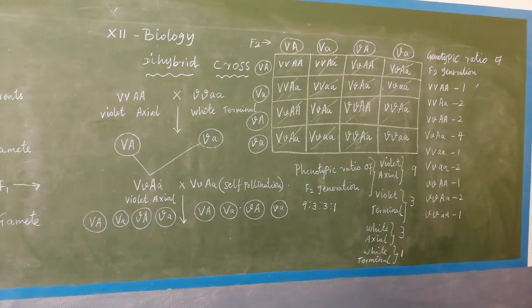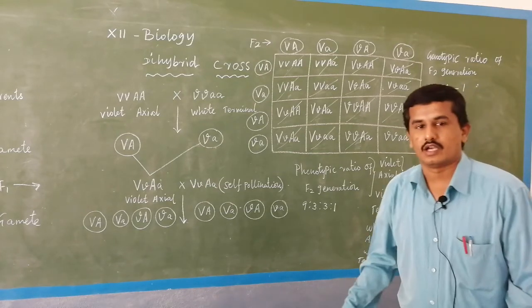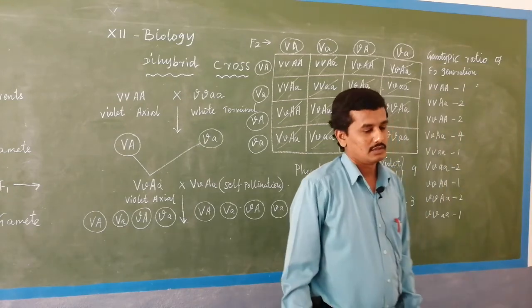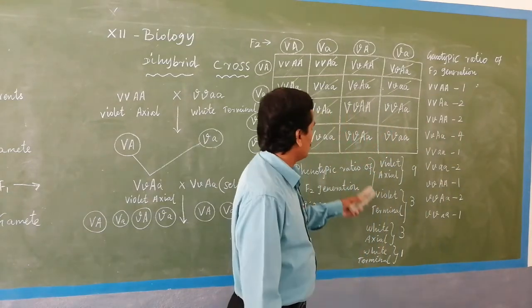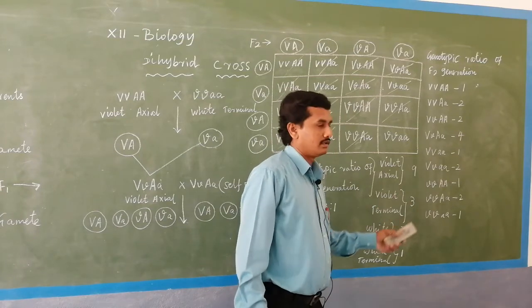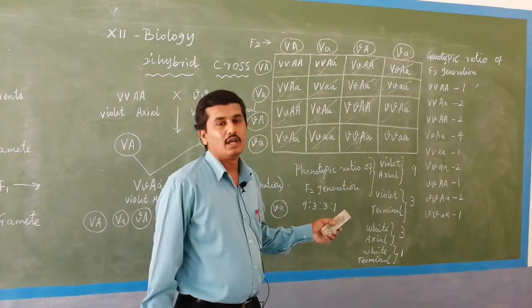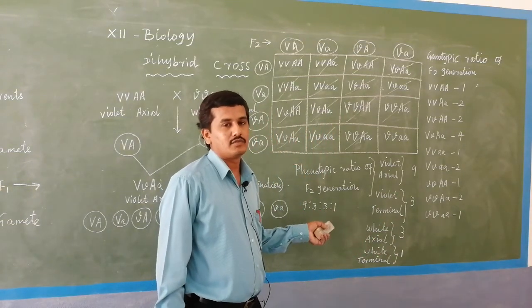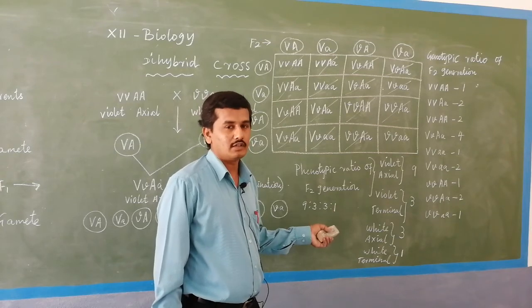So the genotypic ratio is 1 2 2 4 1 2 1 2 1. This is actually the genotypic ratio of a dihybrid cross. Normally, the phenotypic ratio is 9 3 3 1, the phenotypic ratio of the F2 generation of a dihybrid cross.